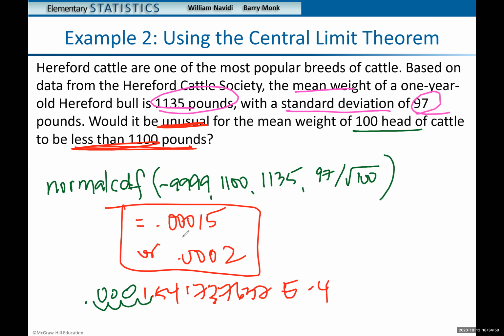On quizzes and tests, if your answer is like 1.5417 and you wrote e negative 4, I will accept this, because it is understood that you have the exponent of negative 4.